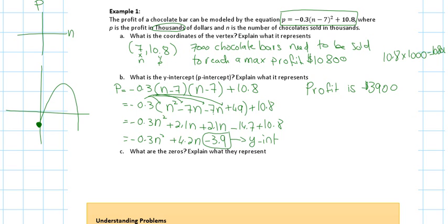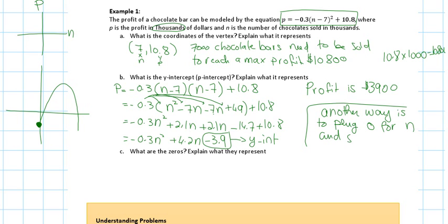So there's another way that I could have solved this. I could have just plugged in 0 for n and then found my p. Why didn't we do that? Because anyway, I'm going to have to do it right here where I have to expand, so might as well. But another way to do this is to plug in 0 for n and solve for p, because I'm looking for the y-intercept.